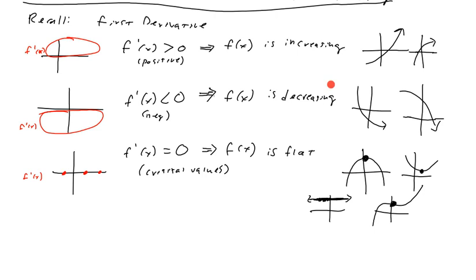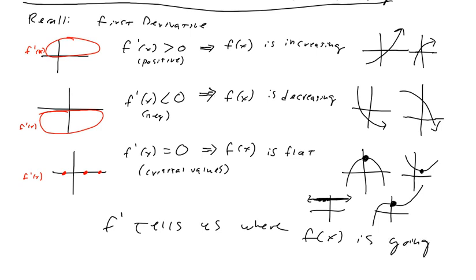You're testing where the graph is going up, going down, what the shape of it looks like. This information we get from the first derivative is what is happening to the graph, like where the graph is going. F prime tells us where f of x is going.